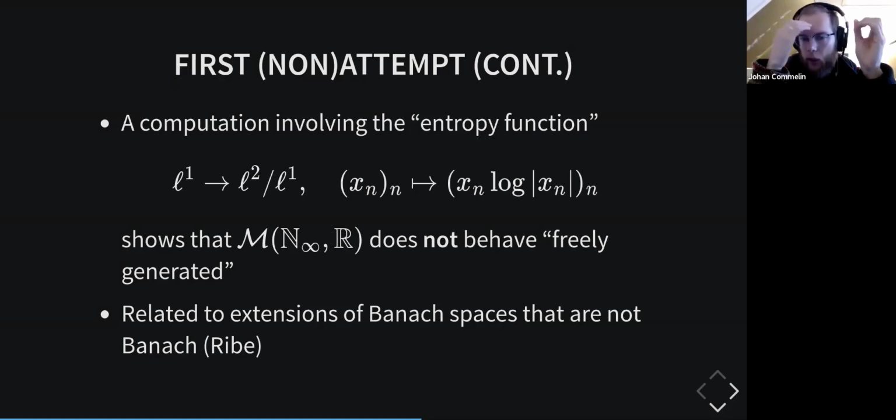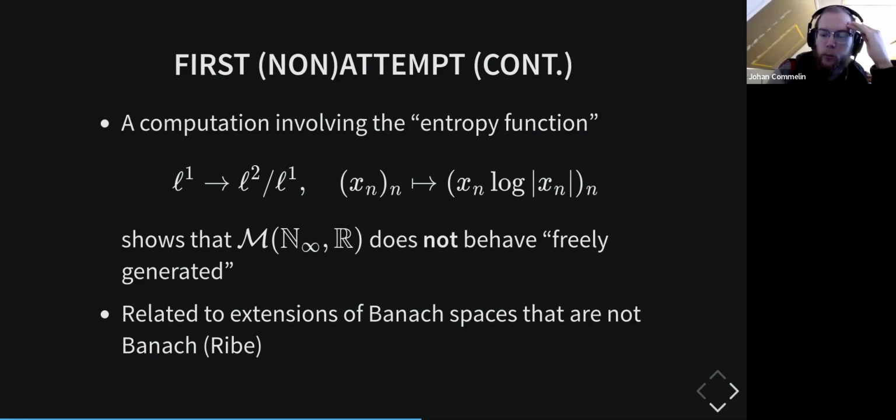The reason has everything to do with norms. On these Banach spaces, you have norms, and this extension in the middle will also have something like a norm, but it will be like an LP norm where P is less than 1. So in the middle, you cannot put an LP norm where P is equal to 1. If you could, then it would be a Banach space, but you cannot do that in general.